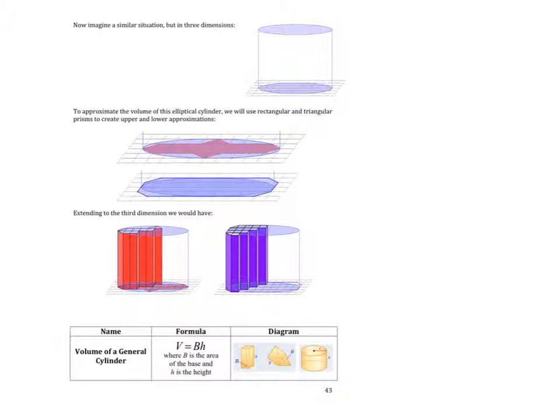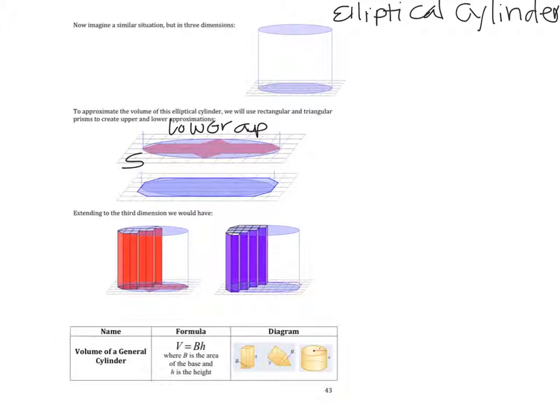So now imagine a similar situation but in 3 dimensions. Here we have an elliptical cylinder, and we studied area on a grid with lower approximations as well as upper approximations. Let's label this as S, and this is representing a lower approximation.